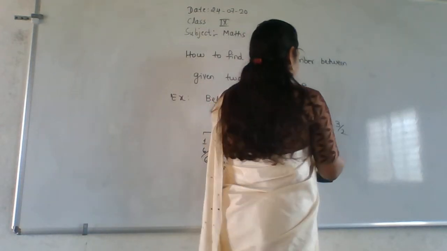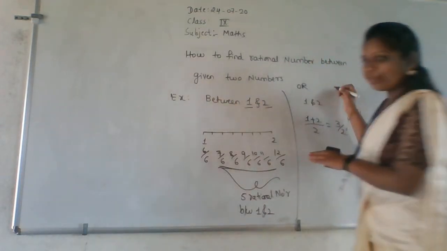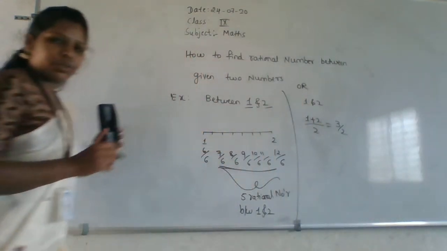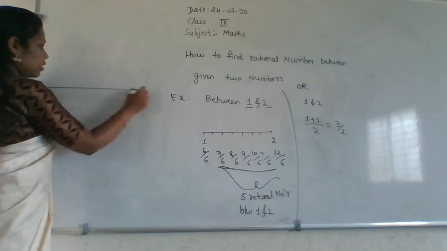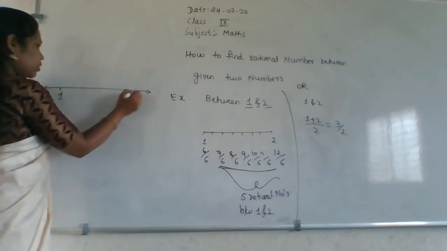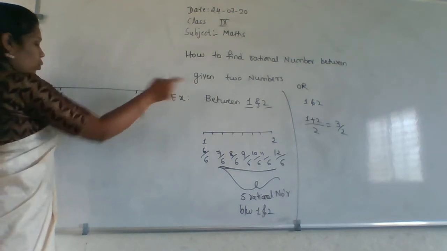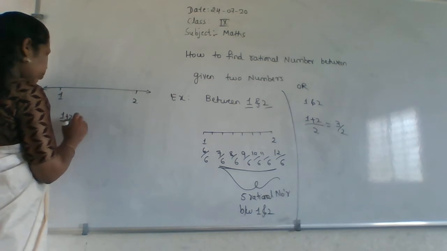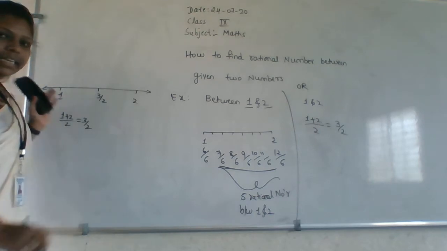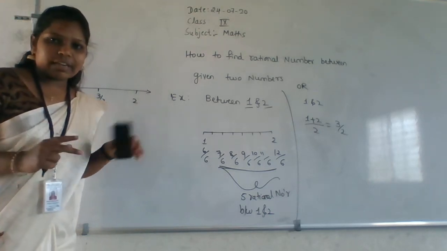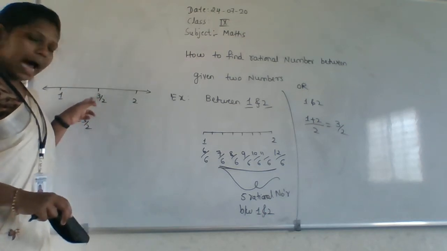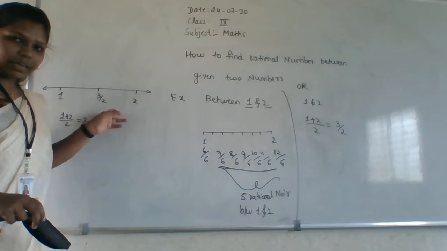Here, this is our number line, with 1 and 2. What I get here, 1 plus 2 by 2, is 3 by 2. It is nothing but the middle number. Any two numbers, add and divide by 2, then you will get exactly the half of those two numbers. So this is the half portion between 1 and 2.